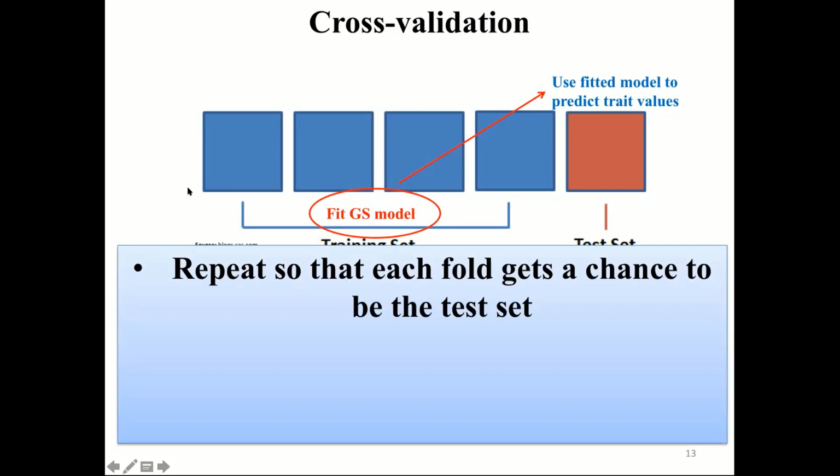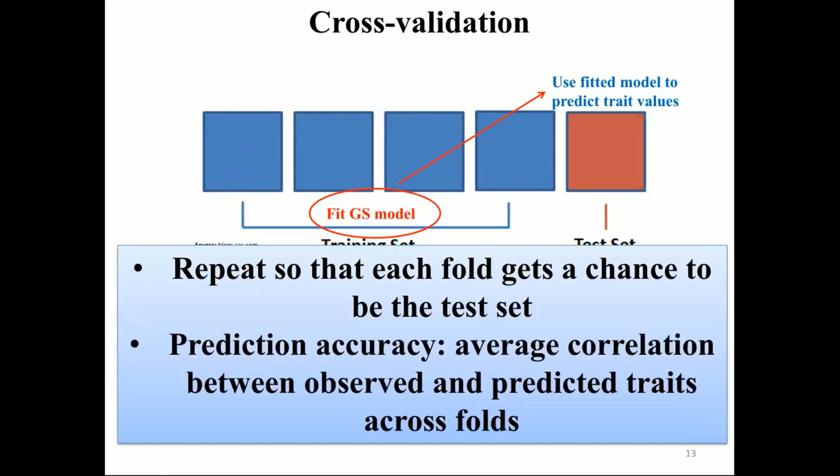Then you repeat this procedure so that each of these squares gets a chance to be the validation set, the test set. Your prediction accuracy, one way of measuring this, is your average correlation between your observed and predicted trait values across folds. The closer your correlation is to positive 1, the higher your prediction accuracy is.